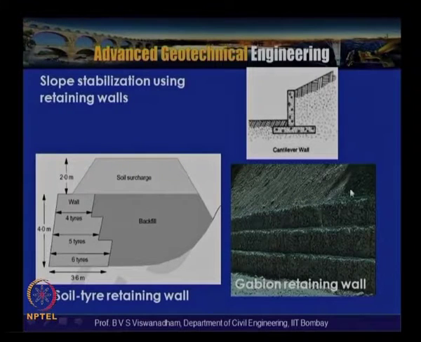To prevent the loss of fine soil particles, there is a requirement of a filter layer right behind the surface. This is done by placing a non-woven geotextile fabric right behind this surface, so that it will not allow the water to take away the fine soil particles.